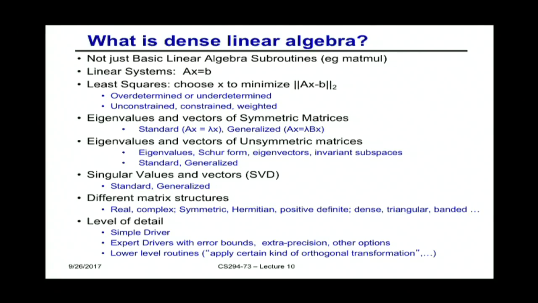And sometimes if the matrices are very ill-conditioned, you need extra precision. Also, in terms of matrix structures, there are a lot of different types of matrices. There could be real or complex, of course, and then symmetric, Hermitian, positive definite, or general non-symmetric.